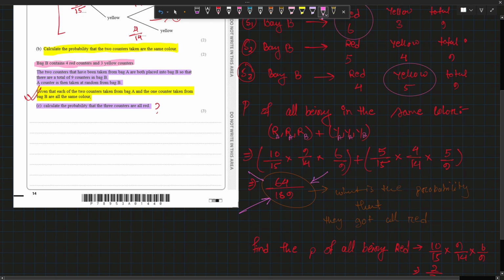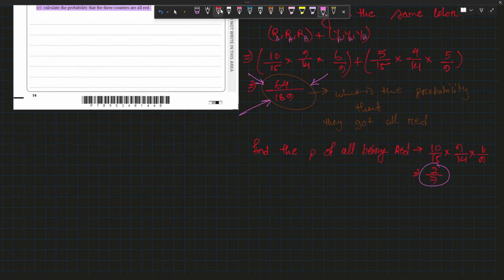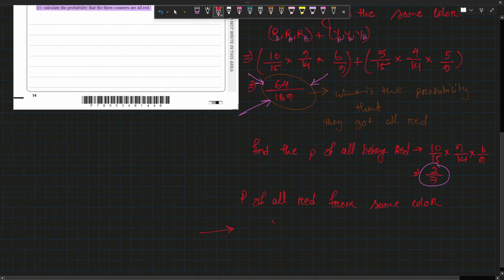So we have to write it like this: probability of all red from same color is going to be 2 by 7. Oh, my bad.